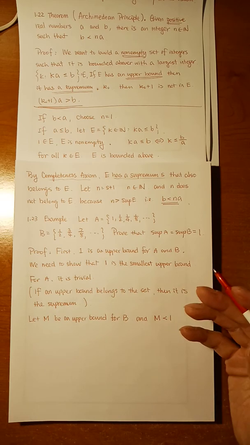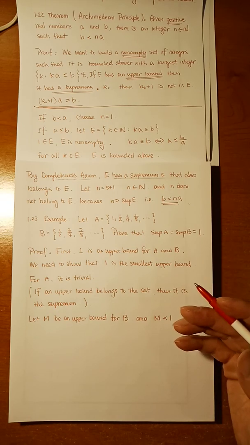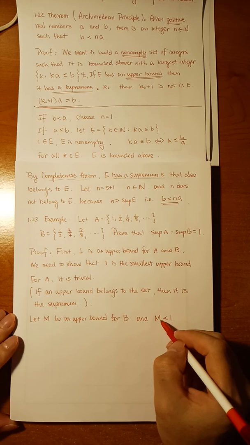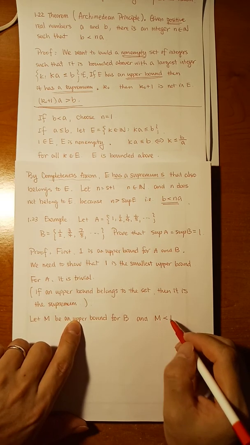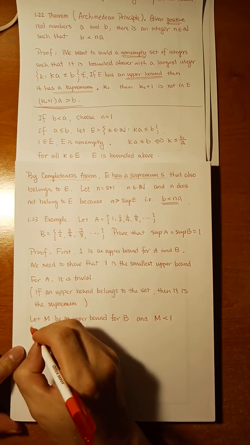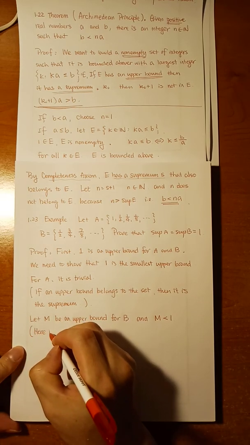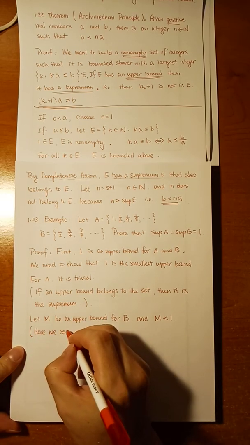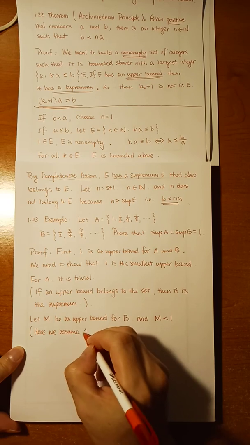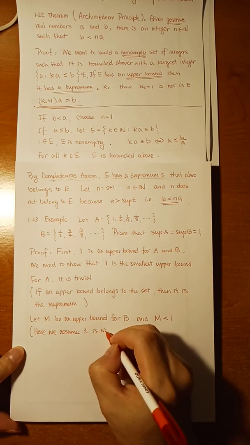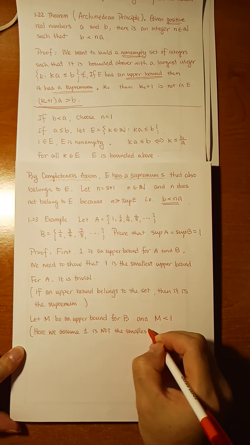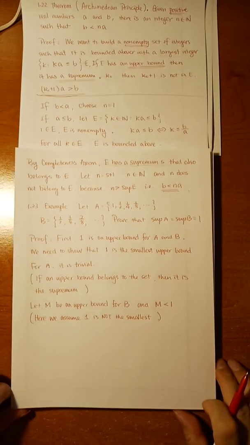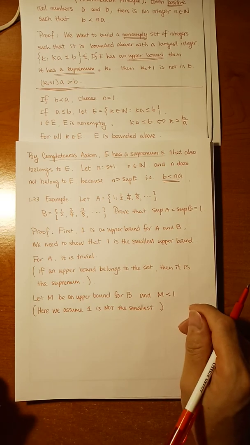Basically we again show it by contradiction. If you have another upper bound M less than 1, then 1 is not the smallest. Here we assume 1 is not the smallest.